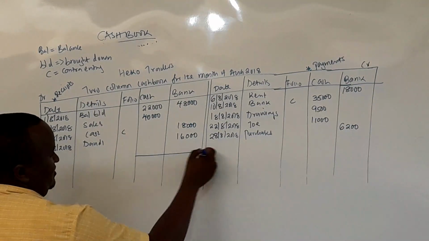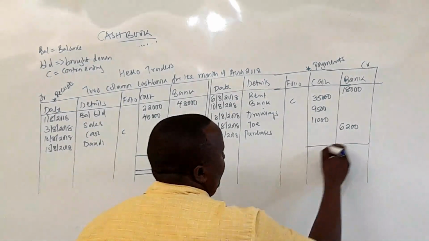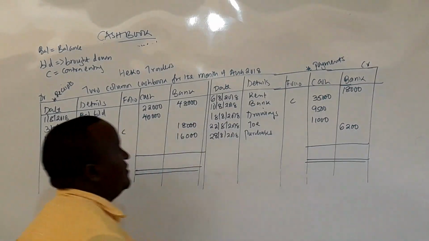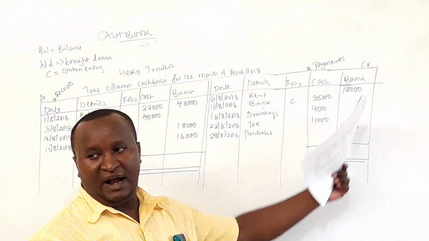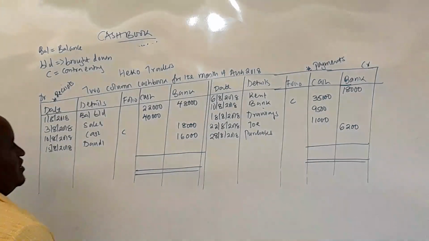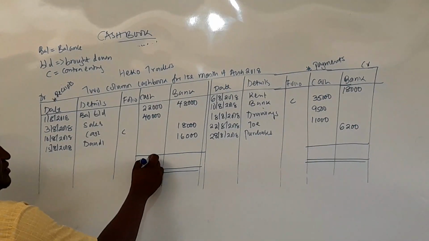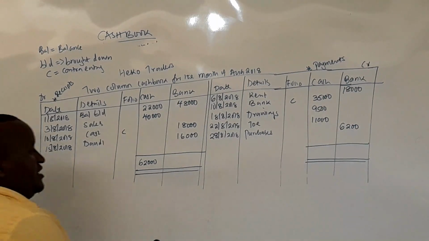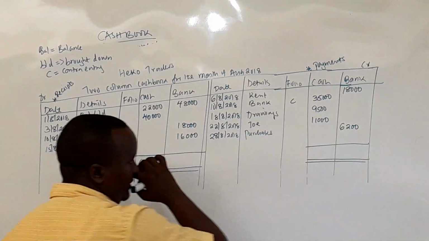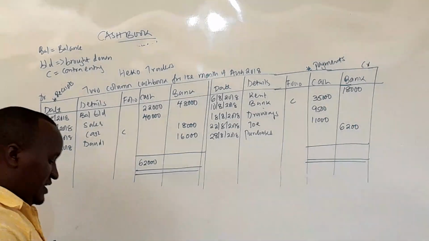So you just need to balance, to find how much we remained with at the end of the month. We normally balance cash with cash, bank with bank to get the total. So tell me the total for the cash. Since this side is bigger, this will be 62,000, 22 and 40. What about this side? That 5,000, you add 9,500 plus 11,000.